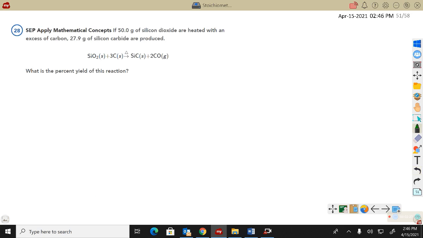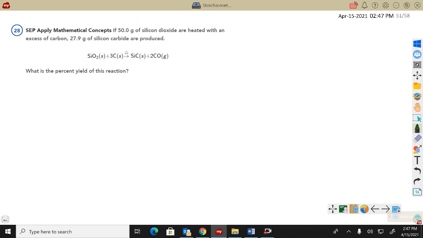And so here's what everything could look like kind of put together. In number 28, we have 50 grams of silicon dioxide heated with an excess of carbon. So I've got extra carbon, but I only have 50 grams of silicon dioxide. And then eventually they tell me that 27.9 grams of silicon carbide are produced. Sometimes they'll even use the words are actually produced.